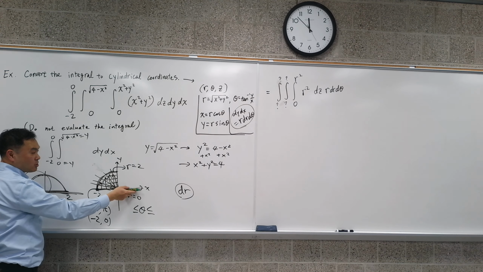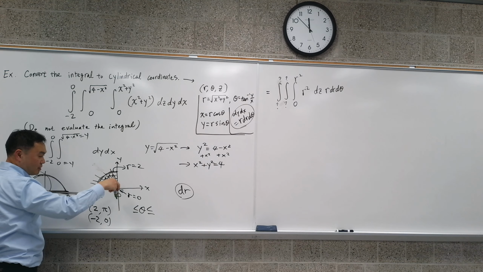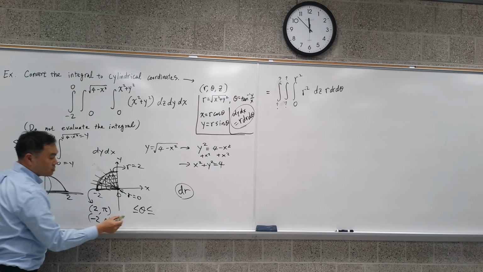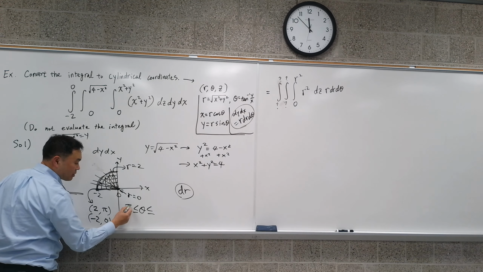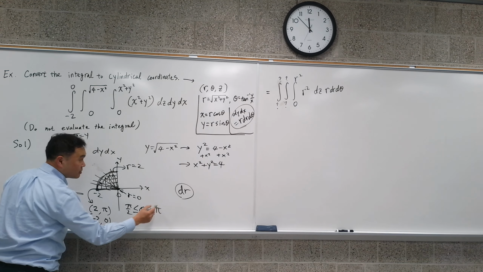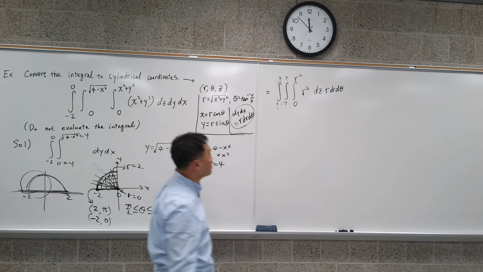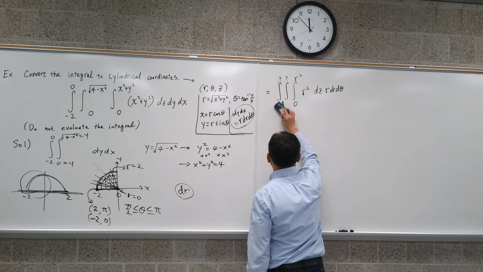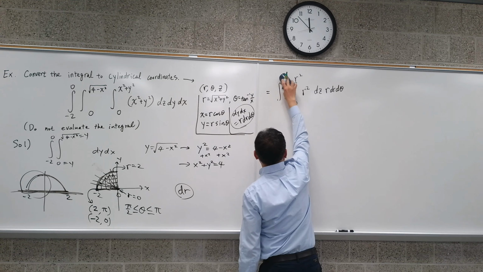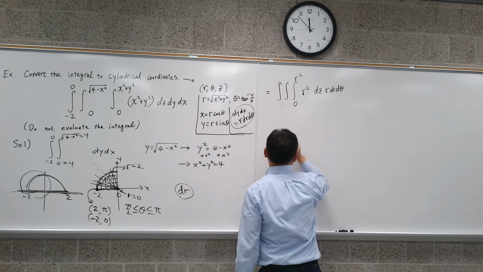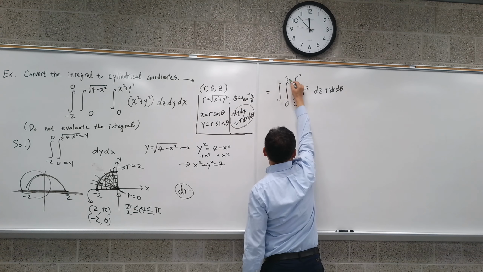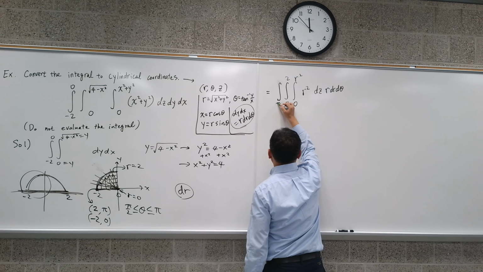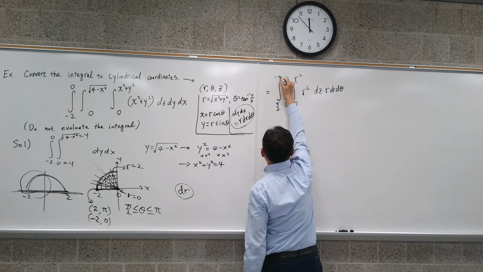Remember that? 0, pi over 2, pi. This would be 3 pi over 2, that's 2 pi. Is that good? All right. So theta will be from pi over 2 to pi. Okay, good. So now we can put those in here. r goes from 0 to 2, and theta goes from pi over 2 to pi.